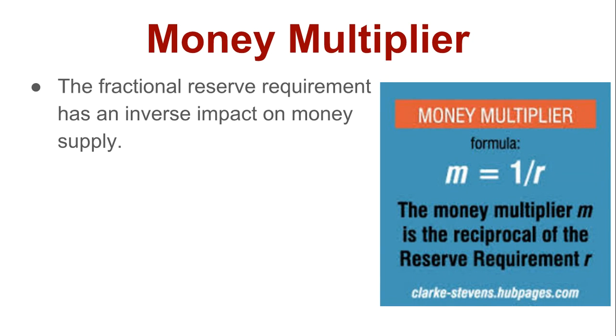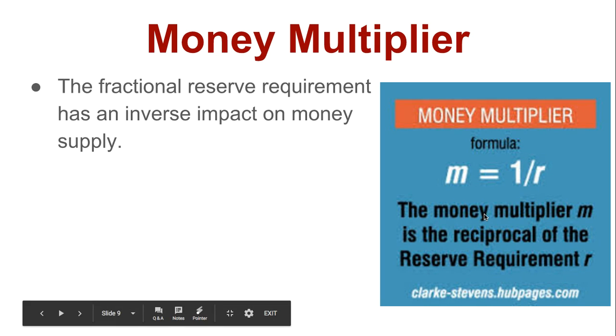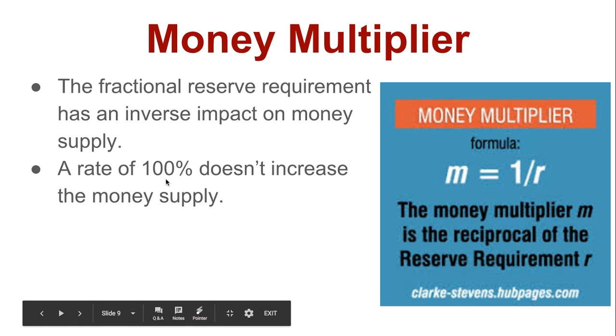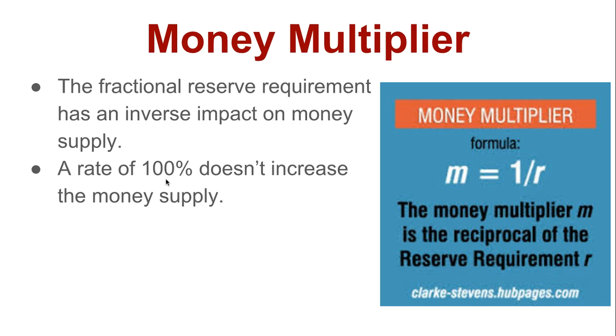The fractional reserve requirement has an inverse impact on the money supply, or this formula over here, M equals 1 over the reserve. The money multiplier M is a reciprocal of the reserve requirement. So if banks have to hold 100% of deposits, we don't increase the money supply at all.